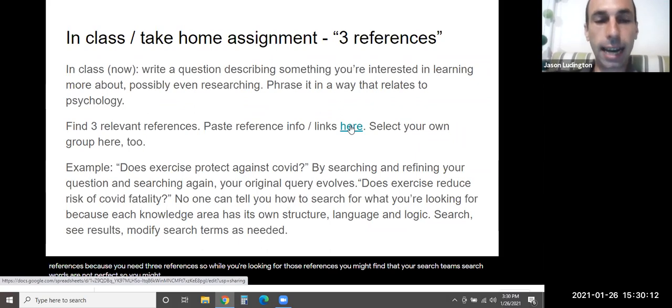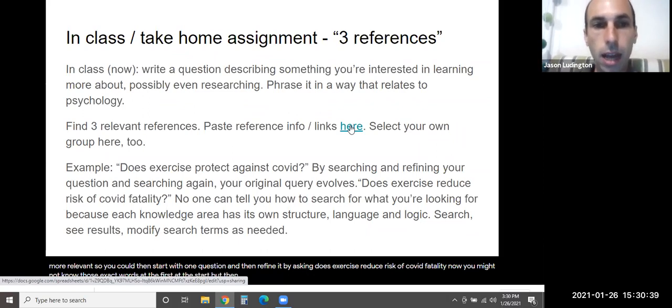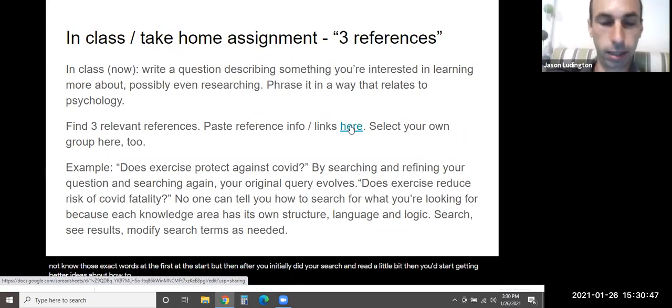So you might revise and get better results, because as you improve your search terms, your results also become more relevant. So you could then start with one question and then refine it by asking, does exercise reduce risk of COVID fatality? Now, you might not know those exact words at the start, but after you initially did your search and read a little bit, then you'd start getting better ideas about how to ask the question.